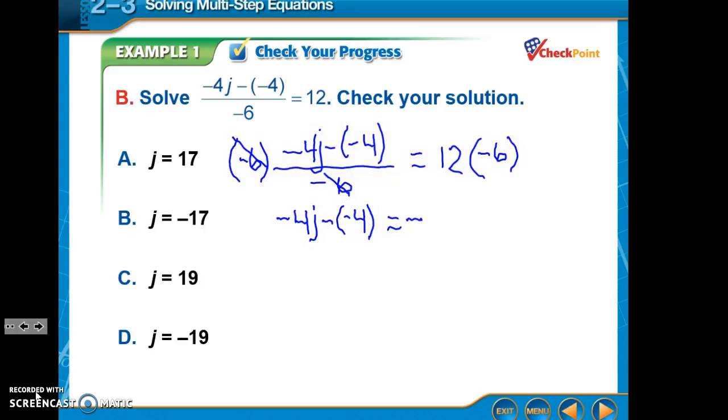Negative 72. Alright, so now I'm dealing with my parentheses, I have minus and negative. When we subtract a negative, or we distribute a negative subtraction to a negative, what happens to the two negatives?